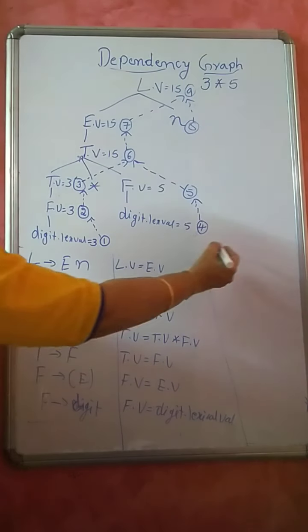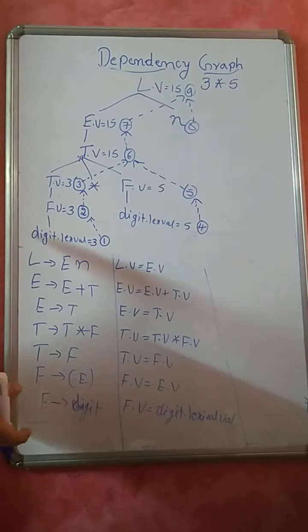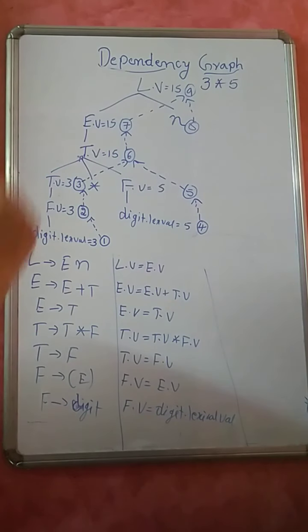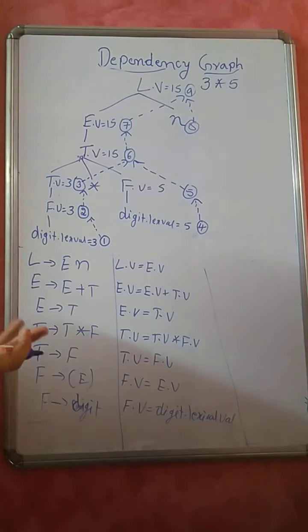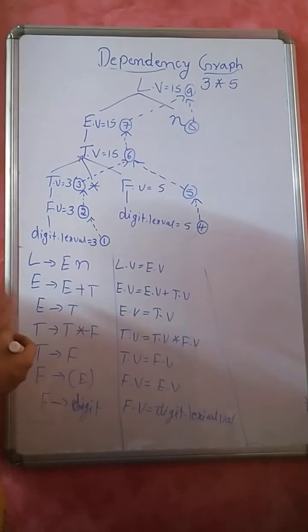You would just mention here, solid lines represent the annotated parse tree and the dash lines represent the dependency graph. Or if you want to do the reverse, you can do it. Or use color pencils if you want, but in the final exam you cannot do that, so better you take one solid line.